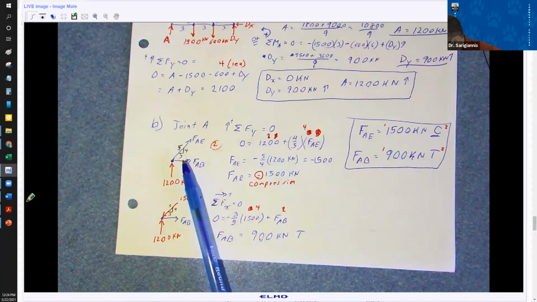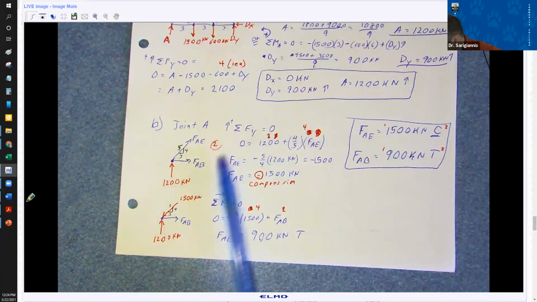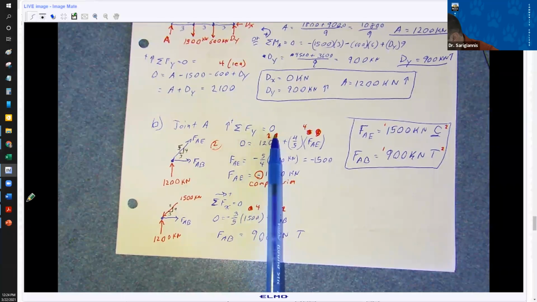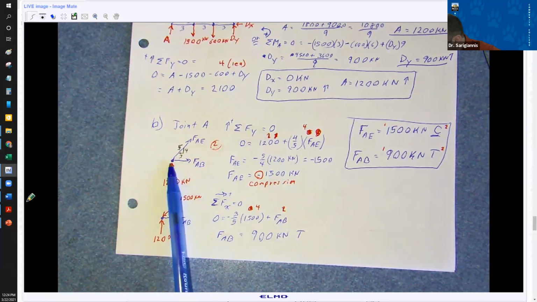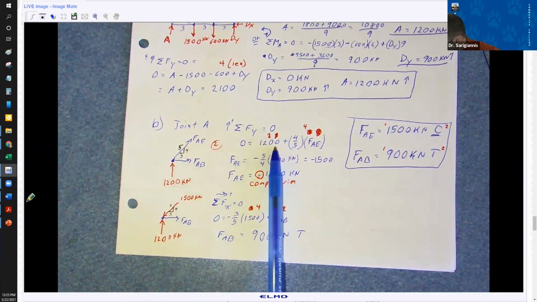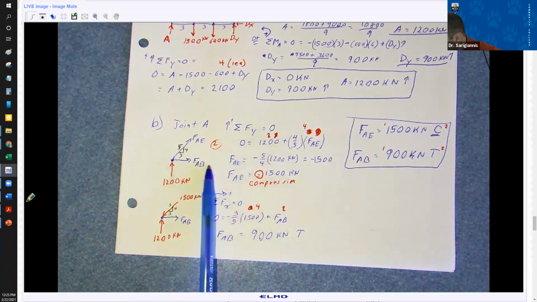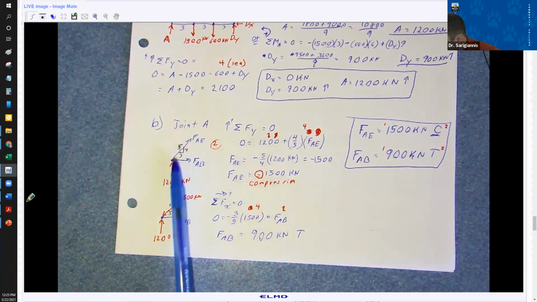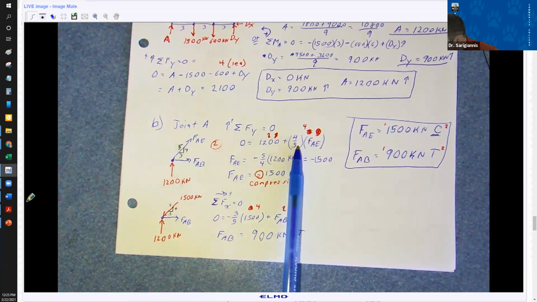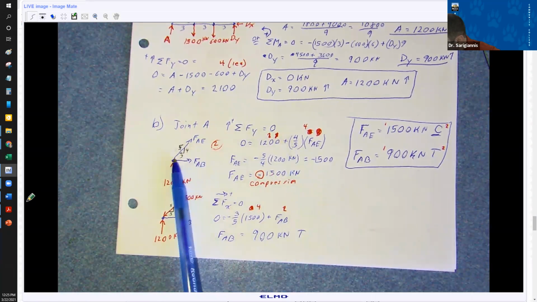So in my first analysis, I say, okay, I'm going to take the sum of the forces in the y direction equals 0. So I've got 1200 kilonewtons acting upward plus, now FAB does not contribute anything to the y direction, but FAE has a y component, and that's 4/5 of FAE, right? It's a force triangle.